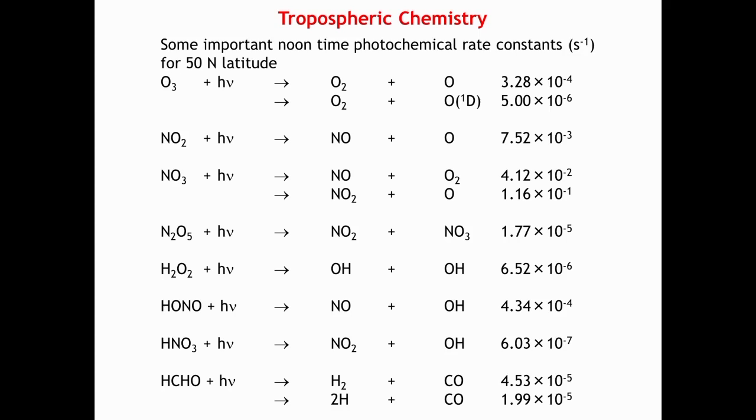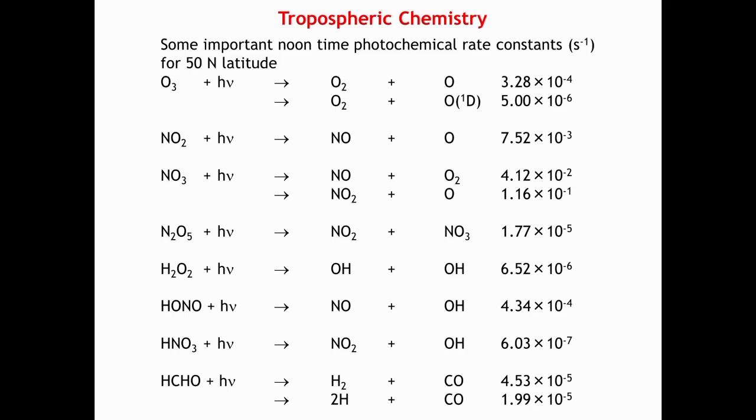This happens when there's a photon. Ozone itself is an oxidant. And NO3 is an oxidant. NO3 doesn't exist during the daytime because it photolyzes very quickly. OH doesn't exist at night time very much because there's no light to form it. The ozone's got a longer lifetime.